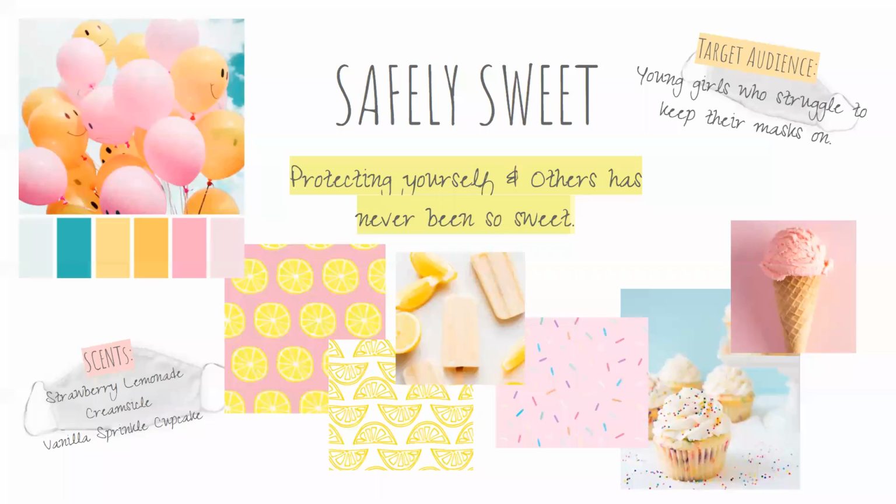So going back to my mood board, here is my concept. I am designing masks that are called Safely Sweet. That's my brand name. My motto is protecting yourself and others has never been so sweet. My target audience is young girls or young boys who struggle to keep their mask on.